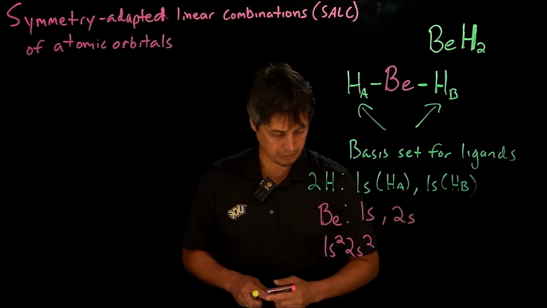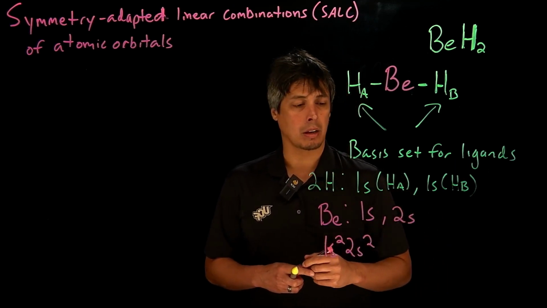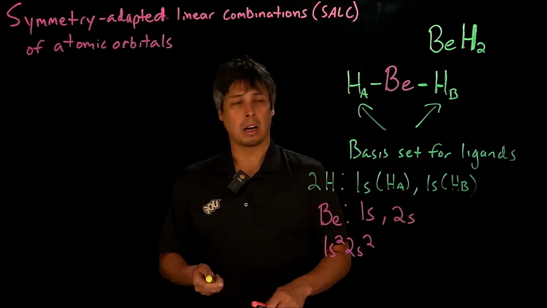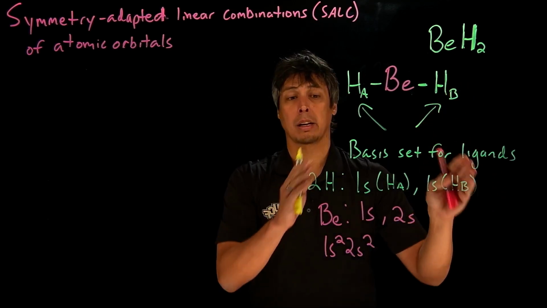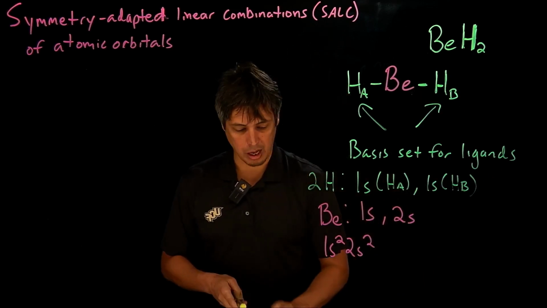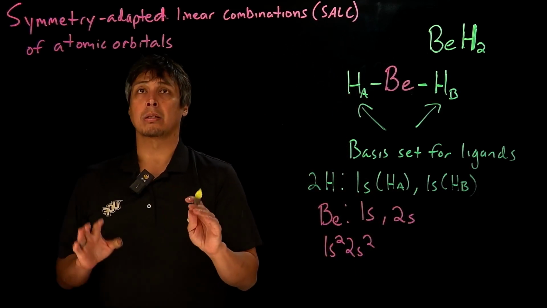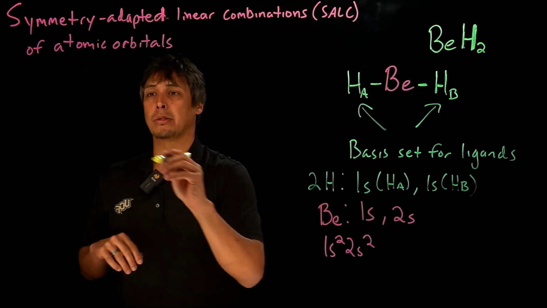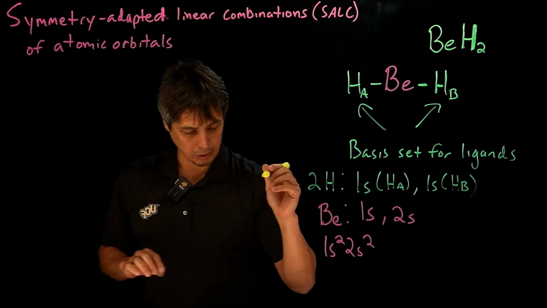As we'll show, we'll actually expand this, but for now we can just think of it that way, because what we're going to focus on is how we treat the two hydrogen atoms when we look at this triatomic species. So if we're looking at the SALCs, we're looking at the SALCs of the two hydrogen atoms, and we're ignoring everything about the beryllium right now. We'll treat that later, okay?